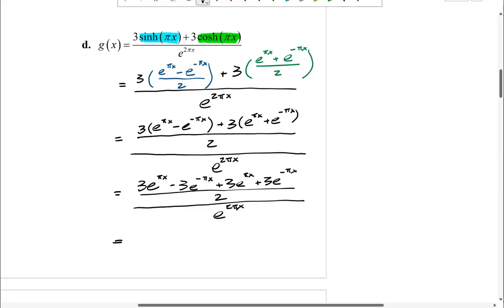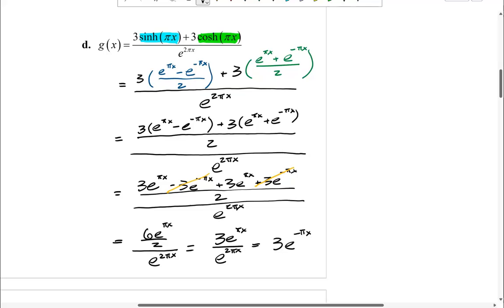And then we notice that we get some cancellation. This term here will cancel with this term here. When we add the remaining terms, we have 6e to the pi x over 2 divided by e to the 2 pi x. That's going to simplify to 3e to the pi x over e to the 2 pi x. This will simplify even further to 3e to the negative pi x.